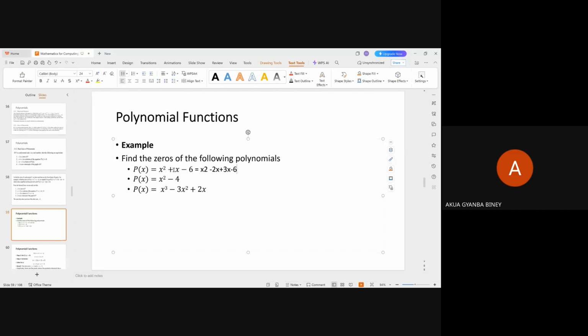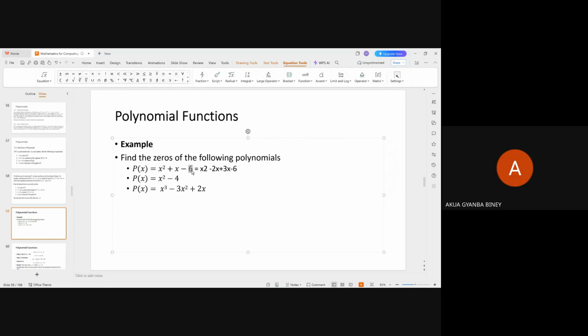If I say factorize, look for two numbers that when you multiply, give you the constant, and when you add them together, you get the coefficient of x. So you realize when I was doing it, I did a plus 2 minus 3, and that will give me minus 6 here. That's why I had to change the signs. Minus 2 plus 3 will give me a positive x. Minus 2 multiplying 3 will give me negative 6.